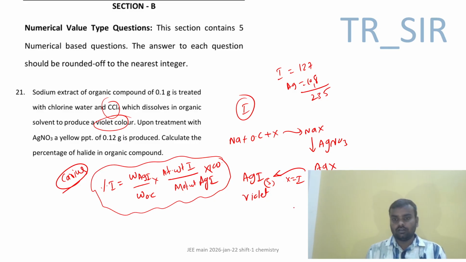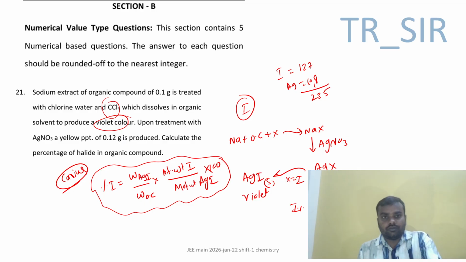Now use the formula. Percentage of iodine is equal to the weight of AgI given, which is 0.12, by the weight of organic compound, 0.1, and atomic weight of iodine is 127, then by the molecular weight 235, into 100. So when you do this calculation, how much are we getting here?